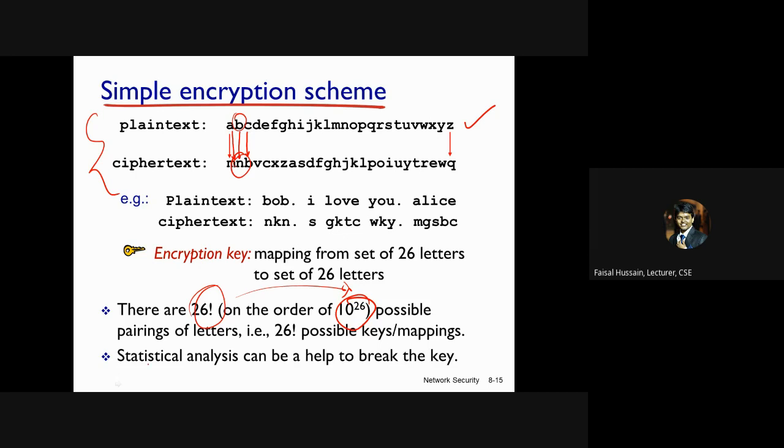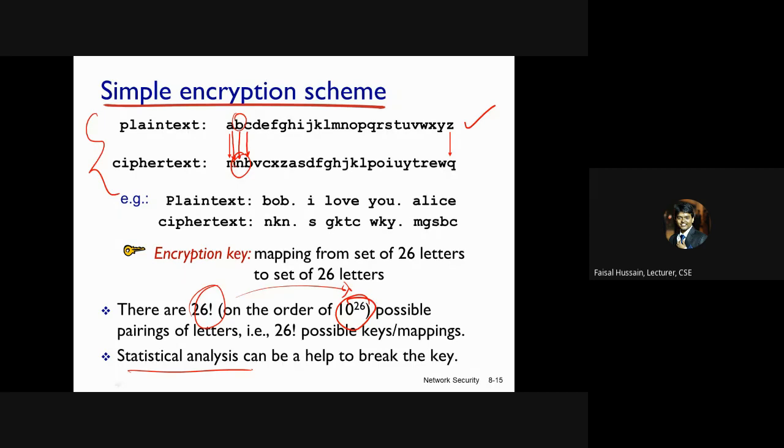So you can use some statistical analysis to break this key. So what is the statistical analysis? Actually, there is a property in each language. Statistically speaking, in normal conversation or normal text, you will find the letters E and T in high frequency.